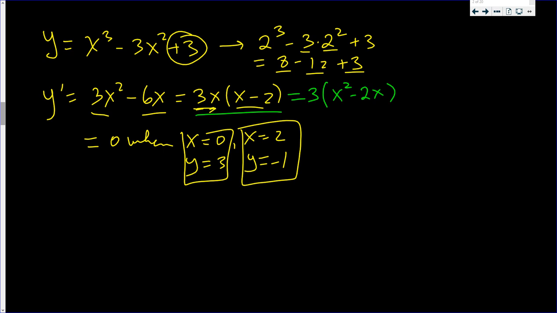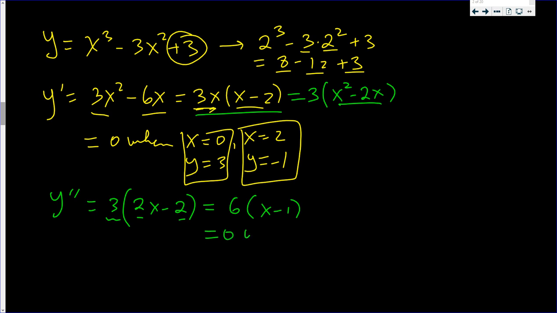That's the first derivative. Ready to take the second derivative. So the 3 stays there. The derivative of x squared minus 2x is 2x minus 2. Factor out the common 2. When you multiply it by 3, you get 6 times x minus 1.